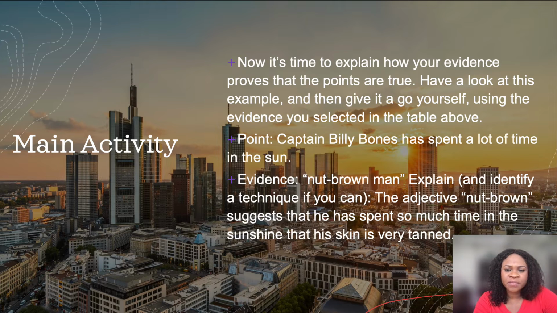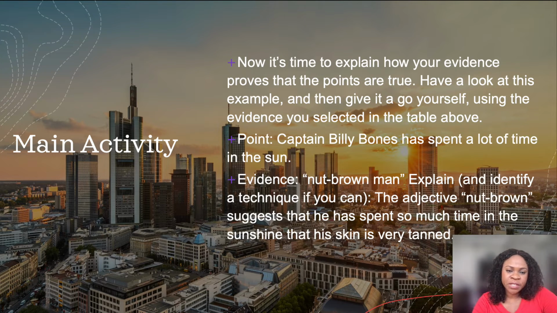So have a look at this example and then give it a go yourself using the evidence you selected in the table above. And of course you can always pause and whip out pen and paper and just follow along as we do these, because that's the surest way to make sure that you don't forget.